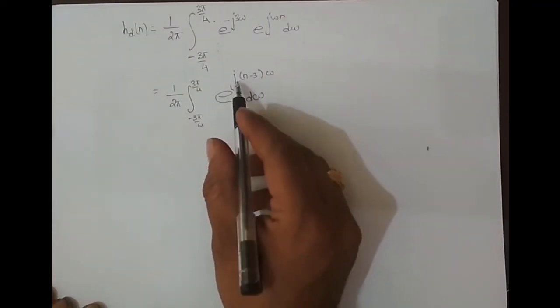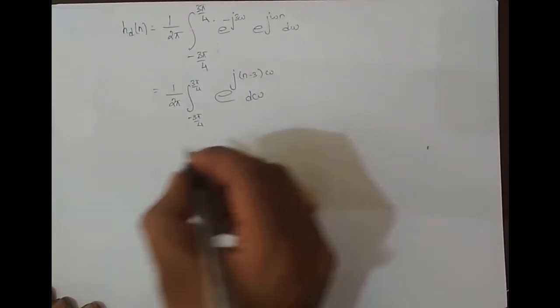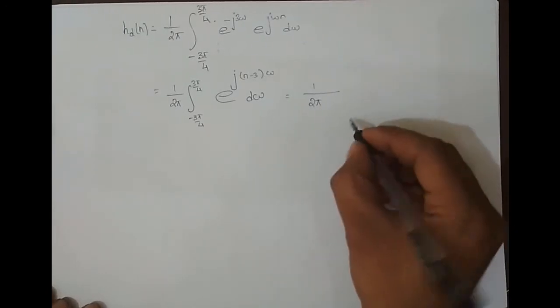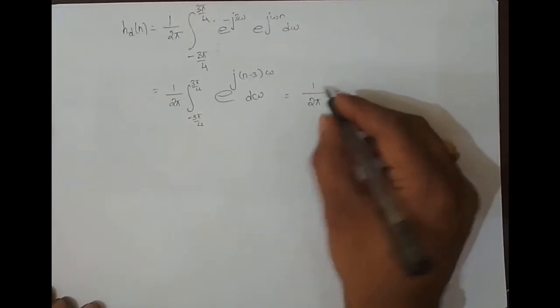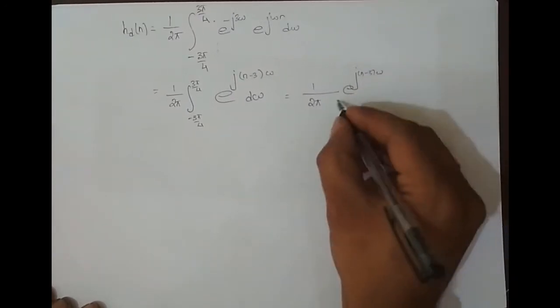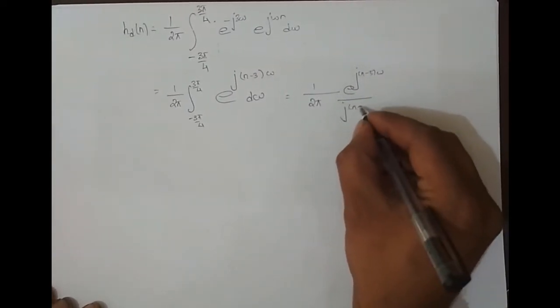And what is the integration of e power j n minus 3 omega with respect to omega? So this I'll write here: 1 by 2 pi into e power j n minus 3 into omega, divided by the coefficient of omega, which is j into n minus 3.